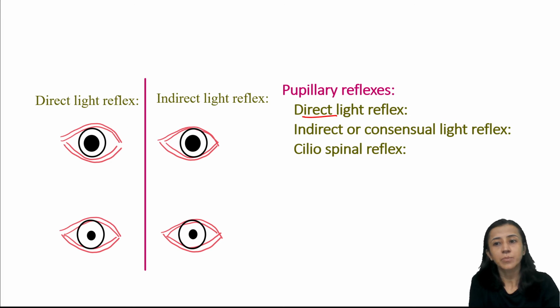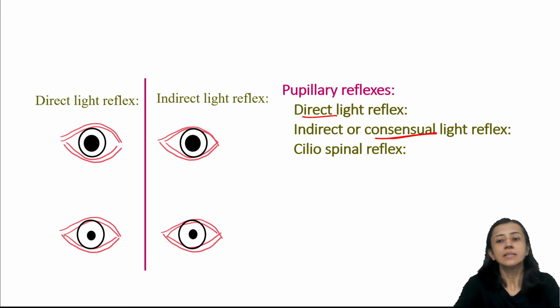When you project a beam of light in the eye of the individual, what happens? There is constriction of the pupil. That is direct light reflex. Then indirect light reflex, also known as consensual light reflex. When you throw a beam of light in one eye, you can see constriction in the other eye also because of crossing of fibers of the optic nerve.